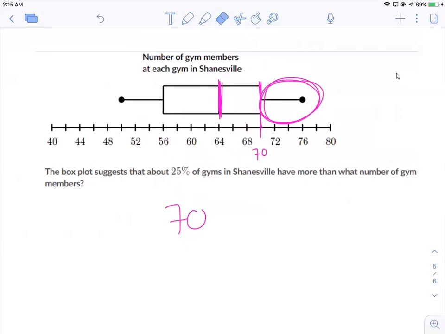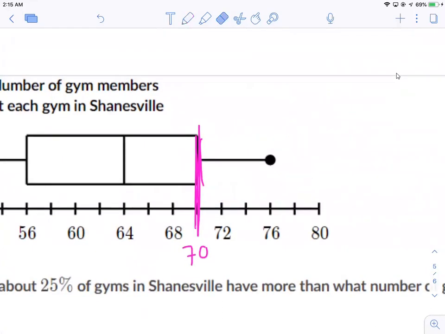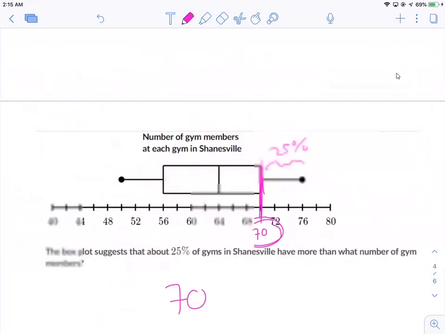Sorry, I worded that really poorly, but yeah, only 25%, right? This is 25% of our data would have more members than 70 members.